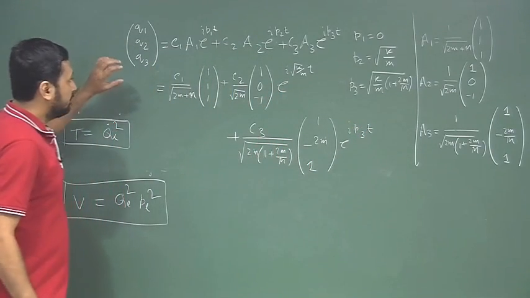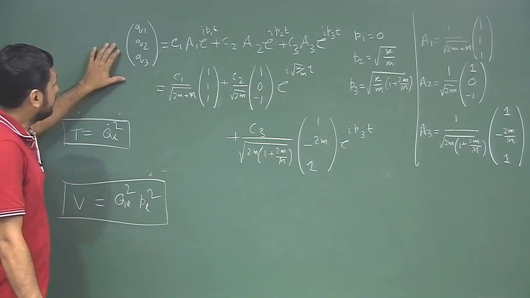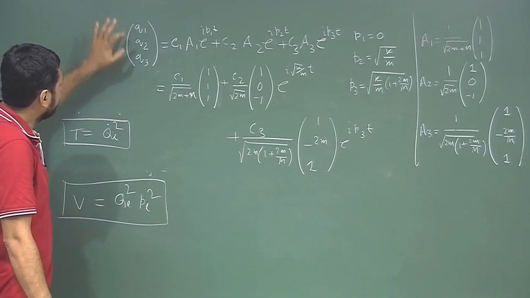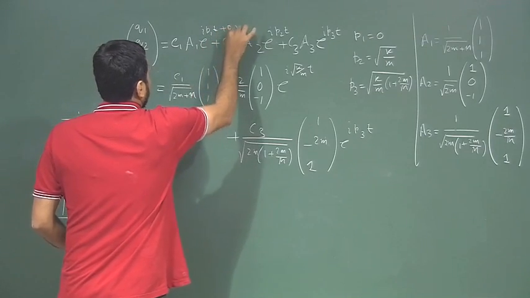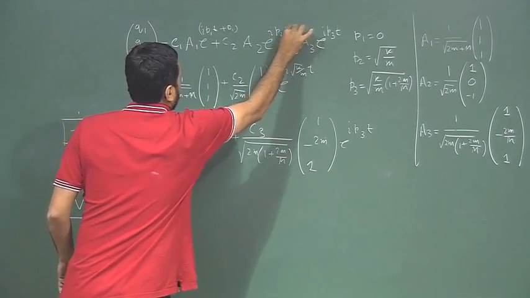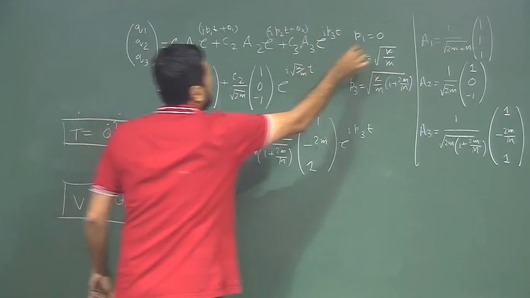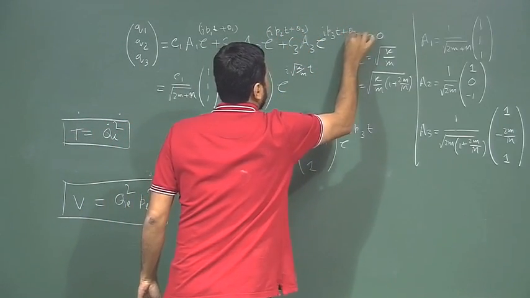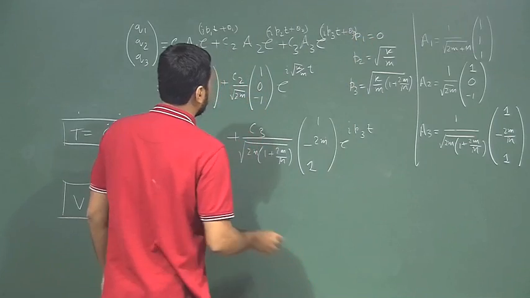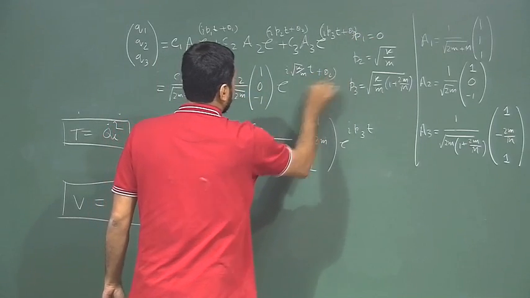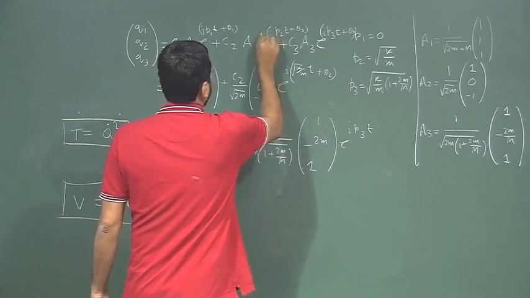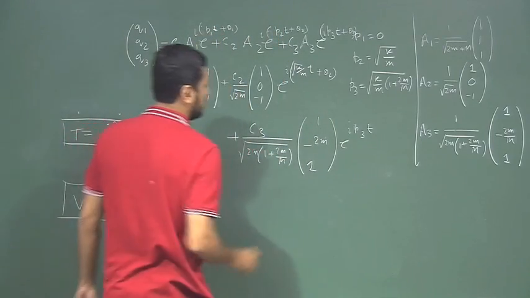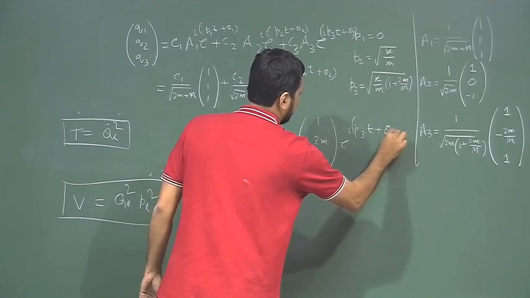So, in principle, we can write the expressions for q1, q2, q3. Of course, there will be a theta 1, a theta 2 and a theta 3, so it will be plus theta 2, and plus theta 3 inside the exponents.